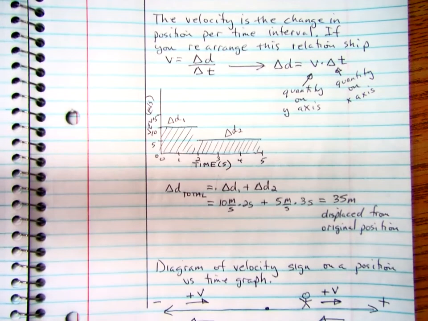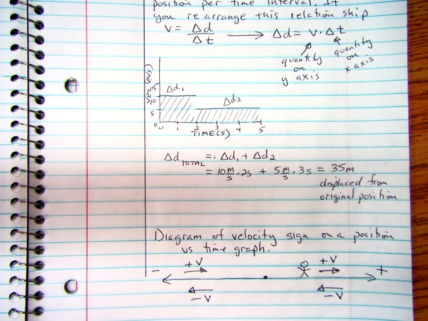Okay, one other thing I wanted to point out, and that has to do with velocity, the sign of velocity. The sign of velocity is the direction of the motion. It really doesn't have anything to do with whether you're getting closer to the origin or further away from the origin. Here's a one-dimensional drawing of positions.